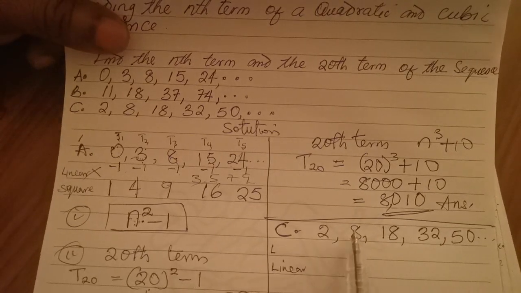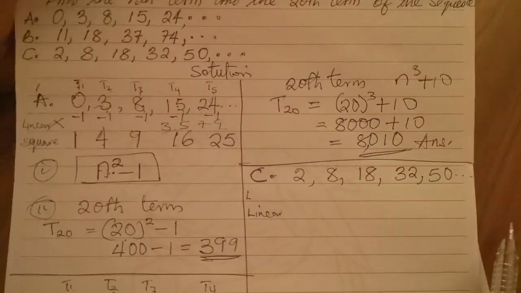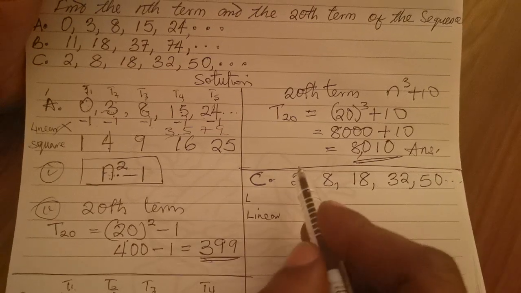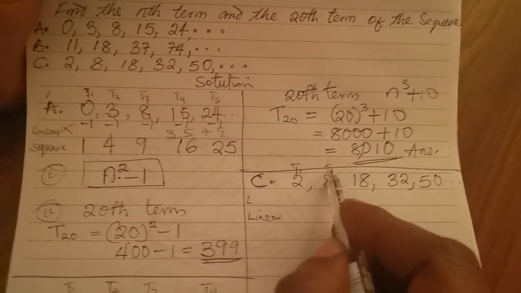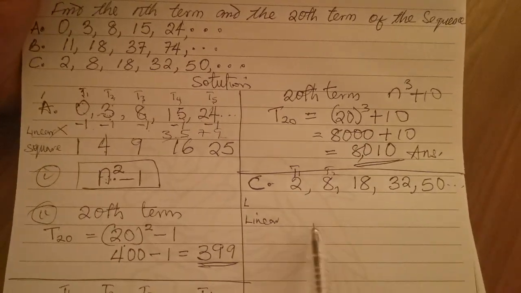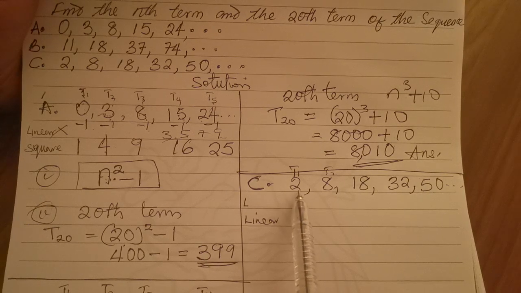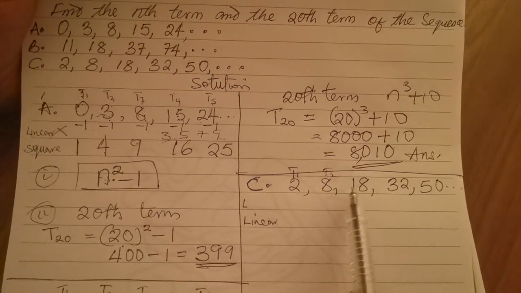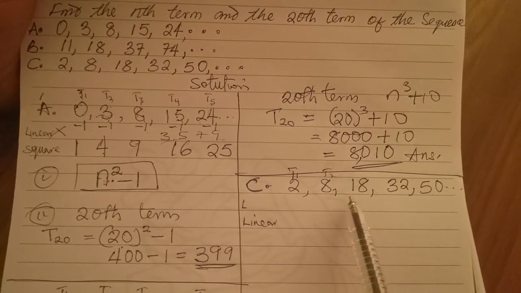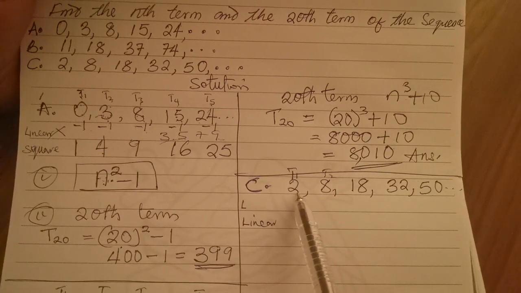A linear means that the differences must be the same. So look at this. This is my first term, this is my second term, and third term, and so on and so forth. So what do we add to get the next term?